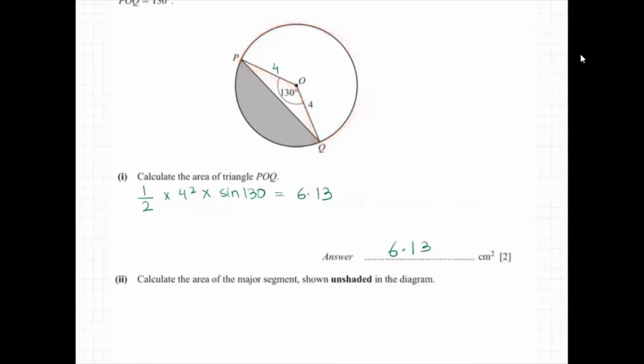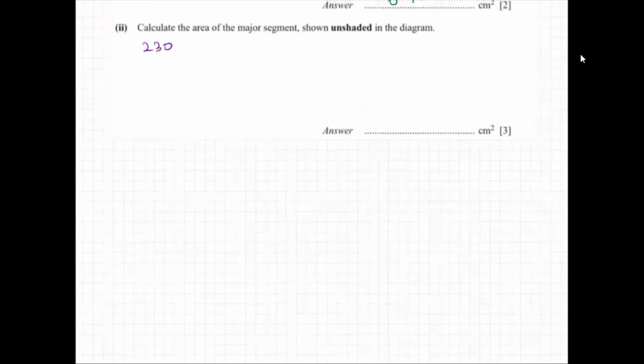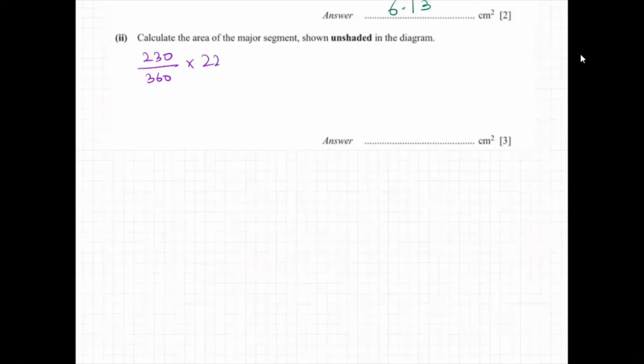Let's calculate it. So if this is 130, so this angle over here will be 230, because 360 minus 130 is 230. Let's use it. So 230 divided by 360 times pi times r square, which is 4.